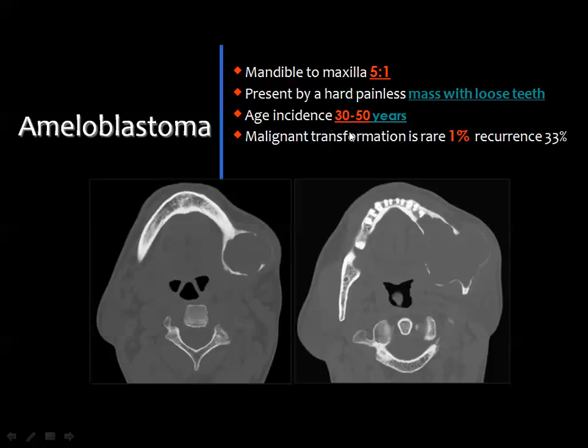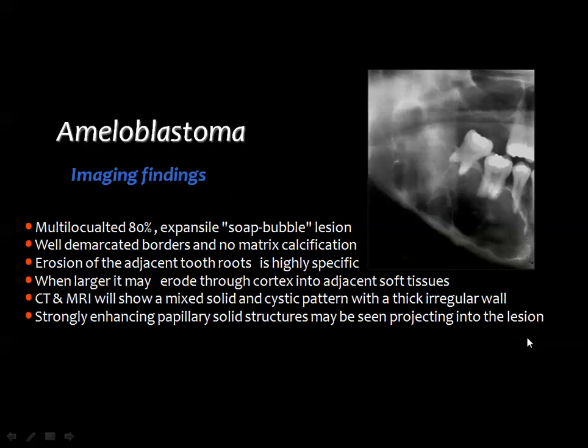Then look here, and you see an expanding lesion in the mandible, and there is resorption and erosion of the related roots of the teeth, and whenever it is large, it may erode through the cortex of the mandible, destroy this cortex, and extend into the adjacent soft tissues.